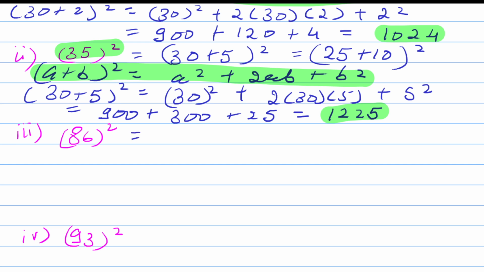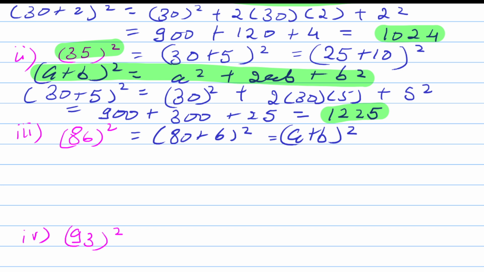Same process. Now 86 square. You can do 80 plus 6, or you can break it into two slightly bigger numbers, that is also okay. So 80 plus 6 whole square. We will apply the formula a plus b whole square.